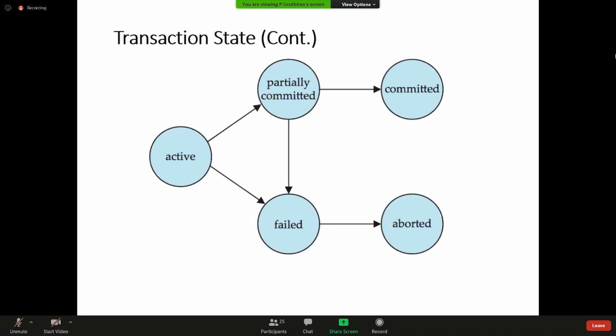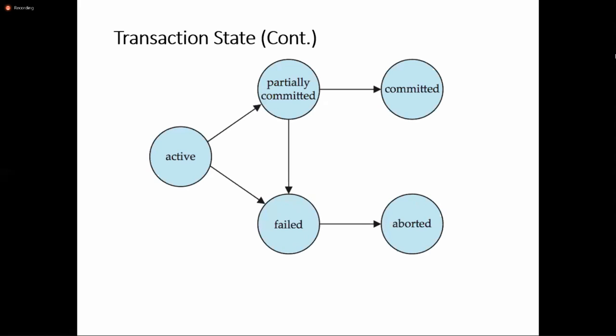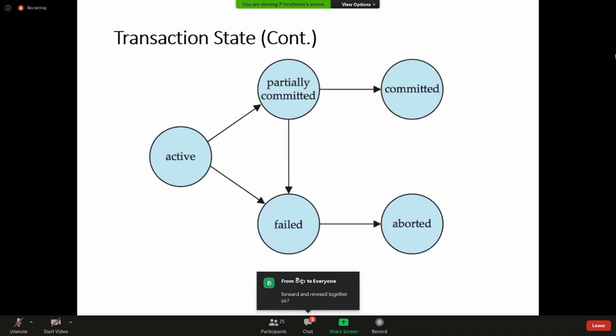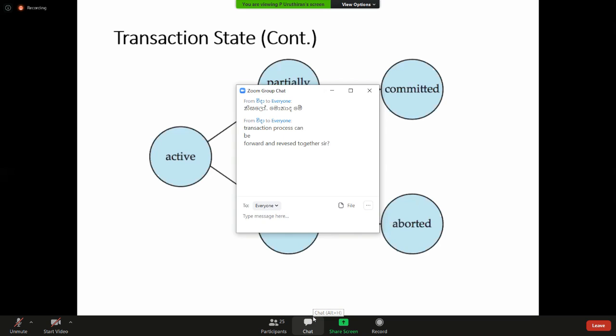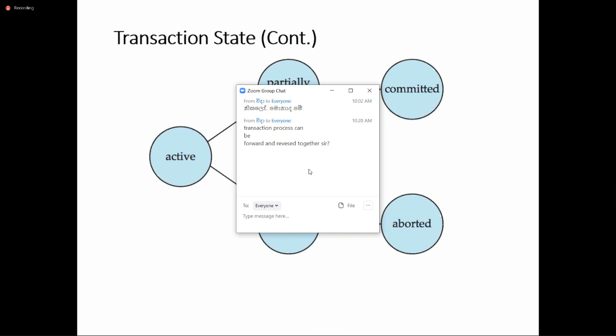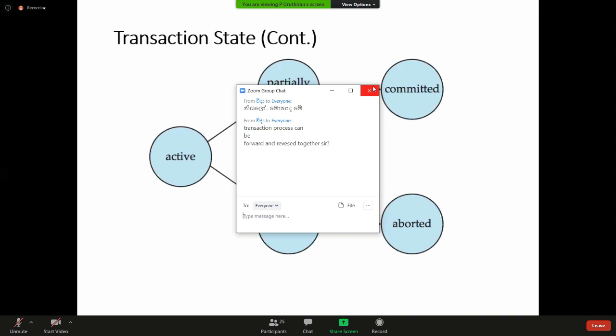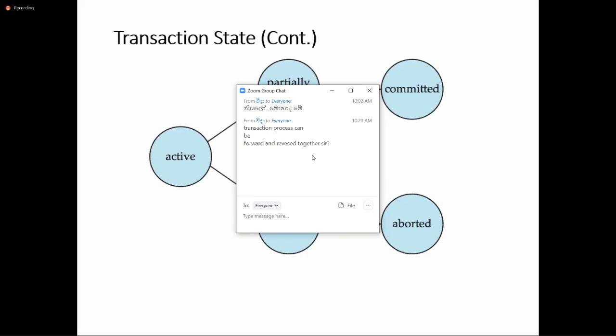That's the transaction. Anything that happens, update or delete, edit. Okay, edit means update. Process can be forward and reverse together. A transaction is any task that happens in the database.